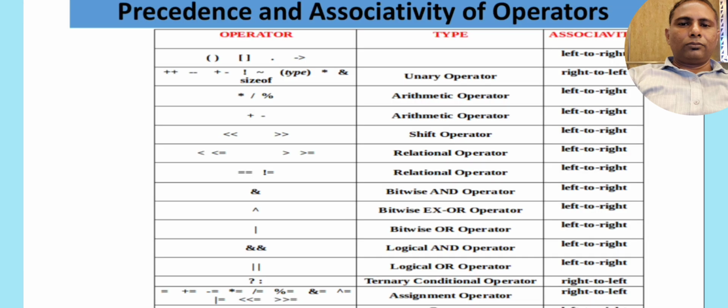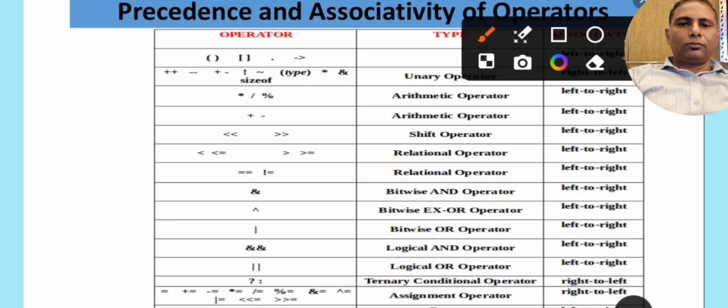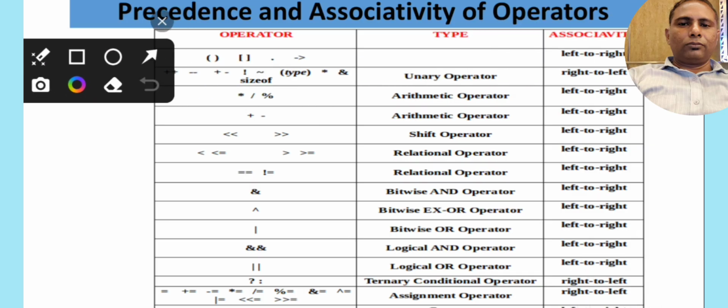Here U means unary operator. So unary operators have the highest precedence. Examples of unary operators are the increment and decrement operators. After that we have arithmetic operators.